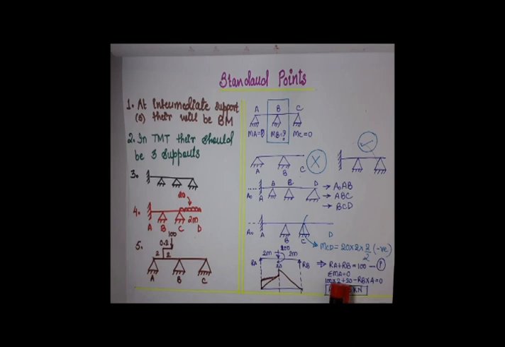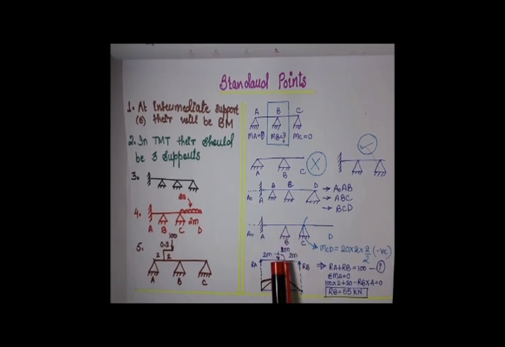Now putting this RB value in equation 1, the summation of reactions, RA plus RB minus 100. Again revising, upward is positive, downward is negative. We would get it as 45. That is, RB is 55, RA will be 45.